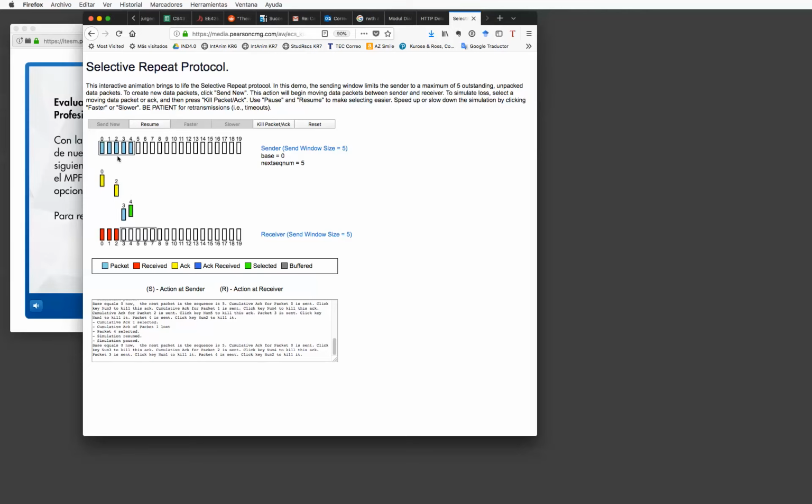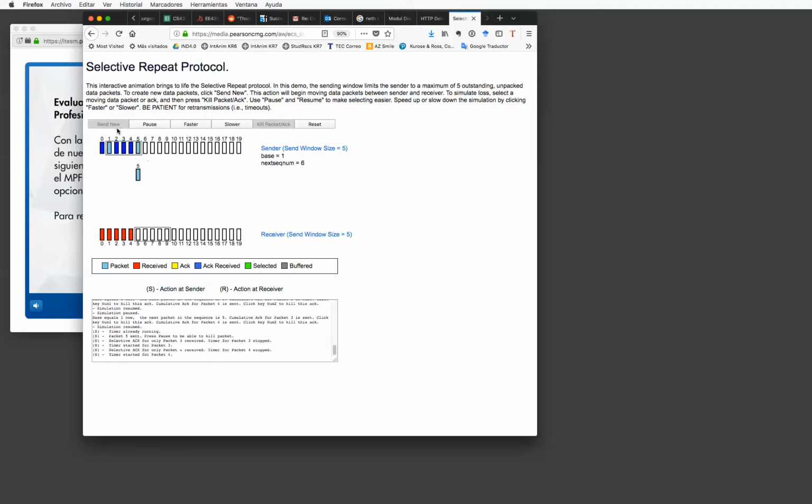When 2 arrives, it'll say thank you, but it will not move the window over, right? So it moved over here, but when this one arrives, it doesn't, because it's waiting on the ACK for 1. So what will happen when 3 and 4 arrive? They'll arrive fine. Can I send another packet? Yeah, you can send it anytime you want. But that's the last one you're going to be able to send.